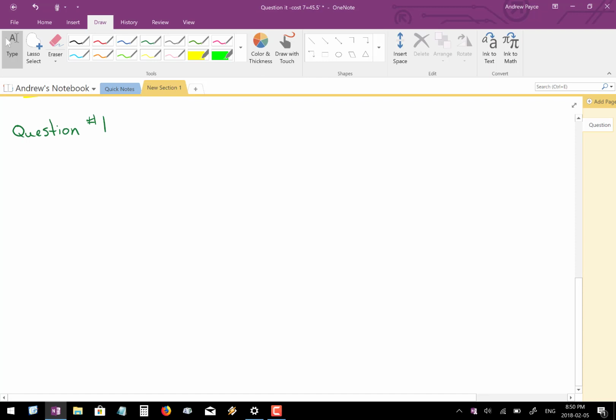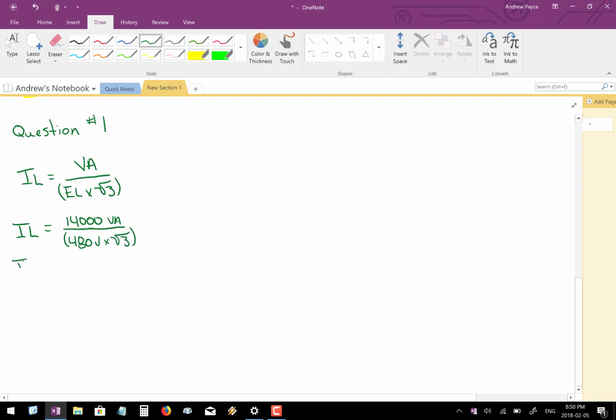So what have I got to do first? First I need to find I line. I line would be equal to the VA of the capacitor bank divided by E line times root 3. Okay, I line would equal 14,000 VA divided by your 480 volt times root 3. I line should be equal to 16.9 amps.